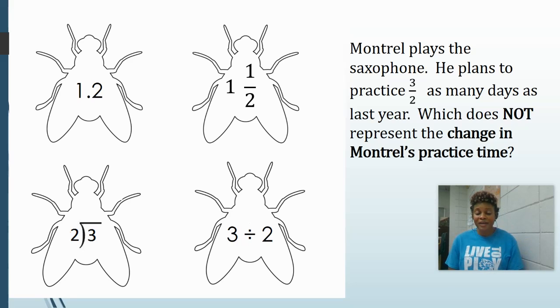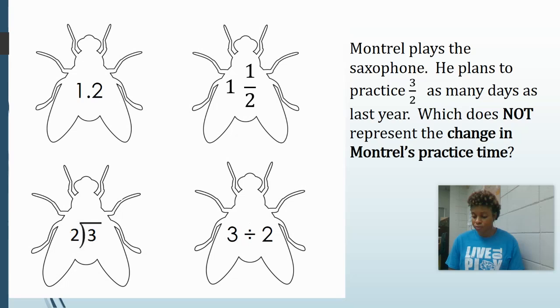So which flies say 3 divided by 2 and which fly doesn't represent 3 divided by 2? Hint, you may have to change.